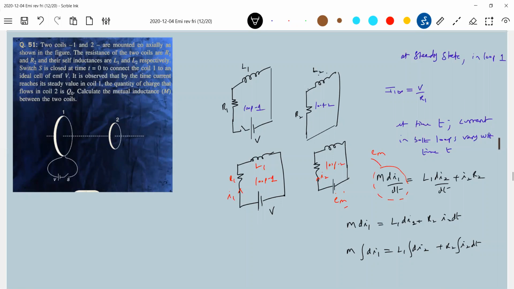What is the final current? At t equals 0, and at any time t. Finally, after a long time, how much current will there be? I1 infinity. What about the current in the second loop? Anybody want to answer? After a long time, at t equal to infinity.